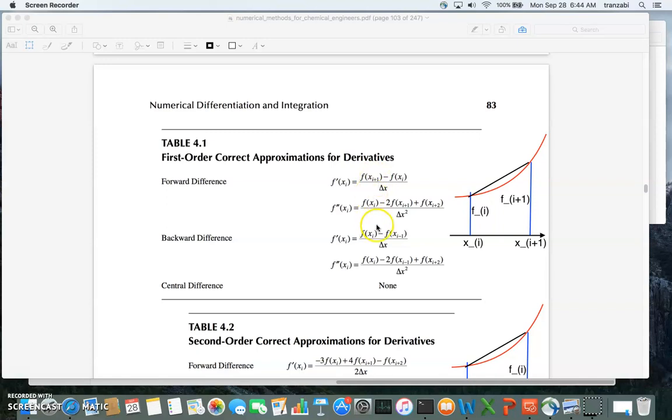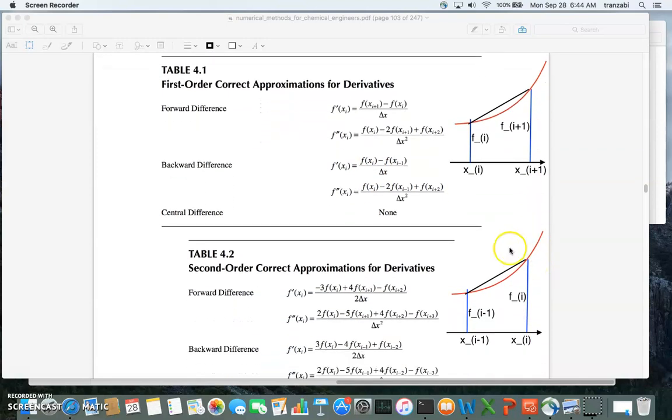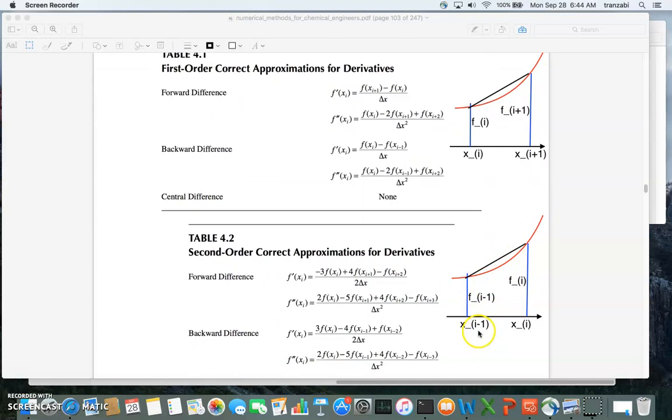We have a similar definition, but for backward difference. That means to calculate the derivative at point xi, you look back at point xi minus 1 and calculate the slope. So in this case, the slope is going to be f sub i minus f sub i minus 1, which is right here, divided by the difference between the two x values, which is del x.